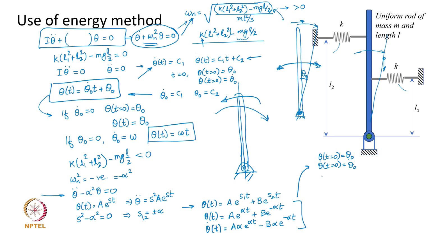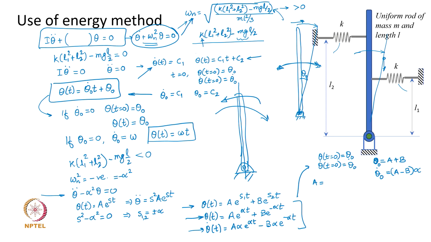Then the first equation gives me a plus b equal to theta naught, and using the second equation, theta naught dot gives me a minus b into alpha.